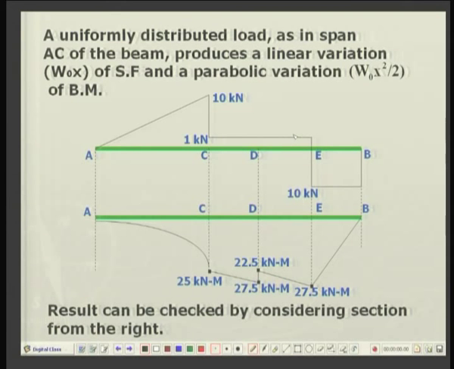And the bending moment will be a quadratic function, starting from 0, because this is an unsupported free end. So, no moment can be sustained there. So, starting from 0, it is increasing parabolically, and the value can be obtained again.